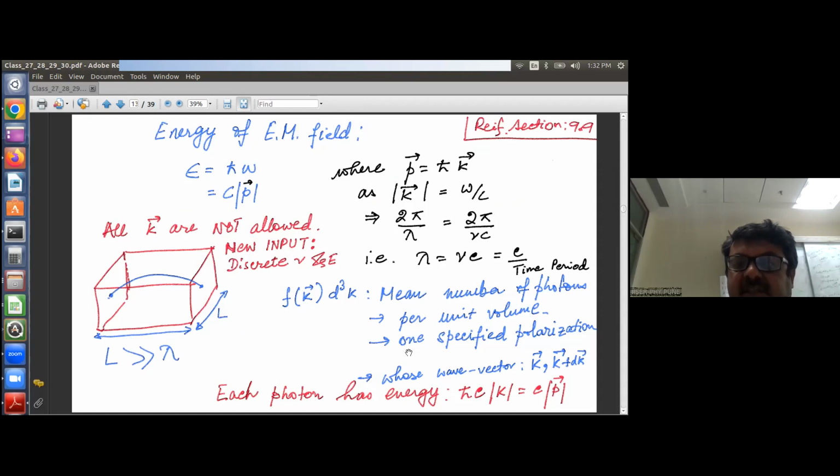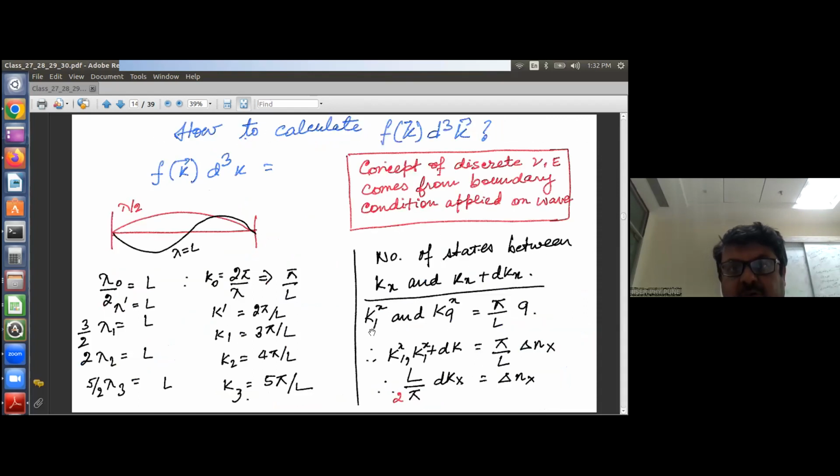So where is the broad question? We are trying to calculate how many wavelengths are there between k and k plus dk, and in general in 3 dimensions, that will be given by f(k) d3k, which is basically saying between the k vector and k plus dk vector, how many wavelengths are there.